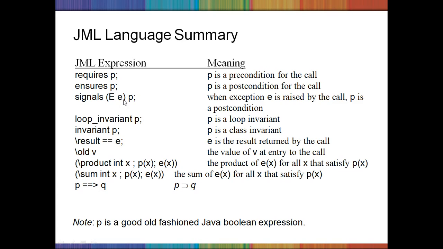Signal E and P, where E means exception: when exception E is raised by the call, P is a postcondition. Loop invariant P means P is a loop invariant. Invariant P means P is a class invariant. Slash result equal to E means E is the result returned by the call. Like that, these are the standard expressions to be used while mentioning the JML specification in the programming.